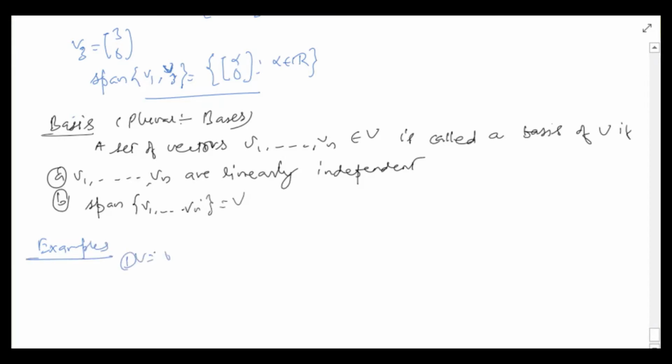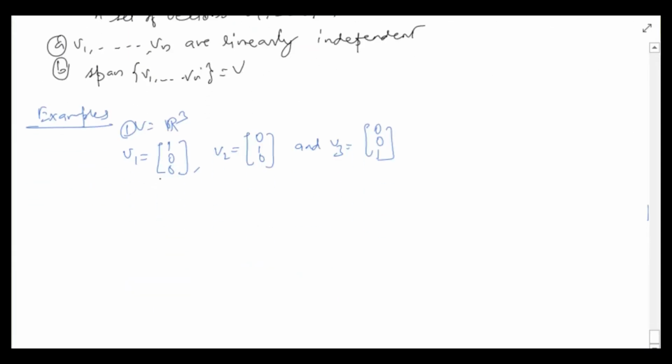Consider V equal to R3. Then if I consider vectors v1, v2, v3 as 1 0 0, 0 1 0, and 0 0 1 respectively, we can see that alpha 1 v1 plus alpha 2 v2 plus alpha 3 v3 will be 0 only if alpha 1, alpha 2, alpha 3 are all 0.